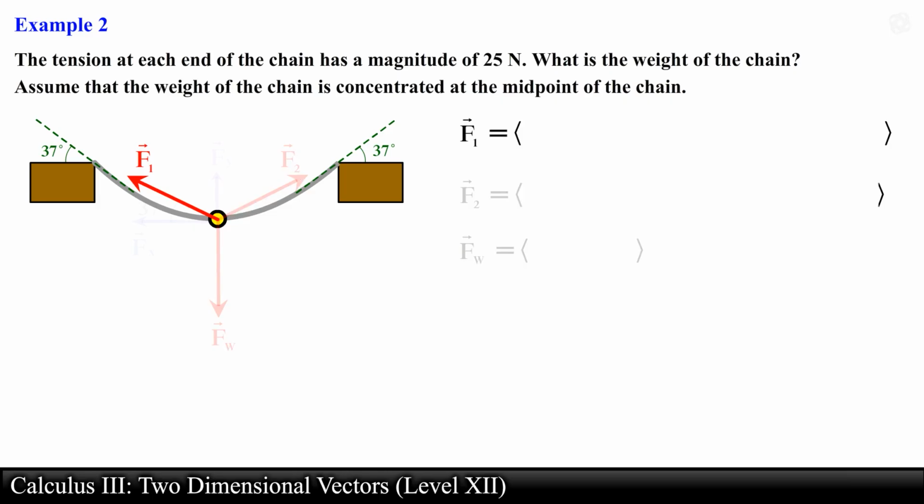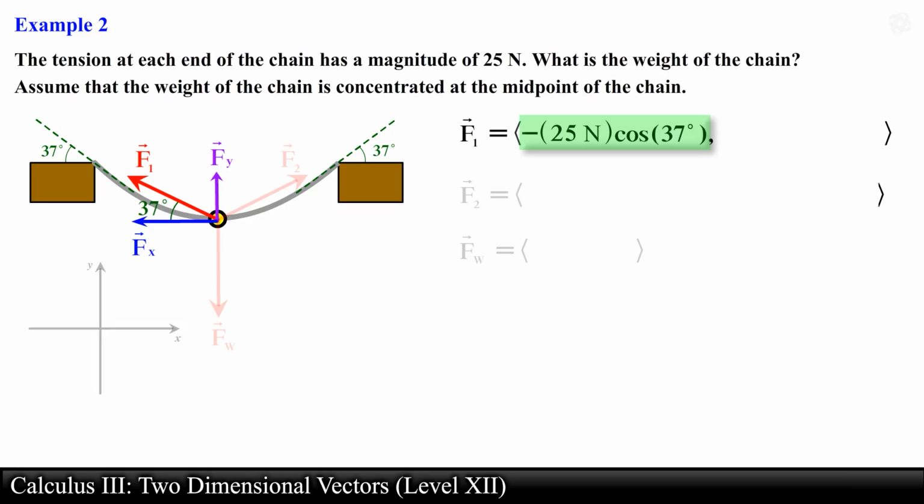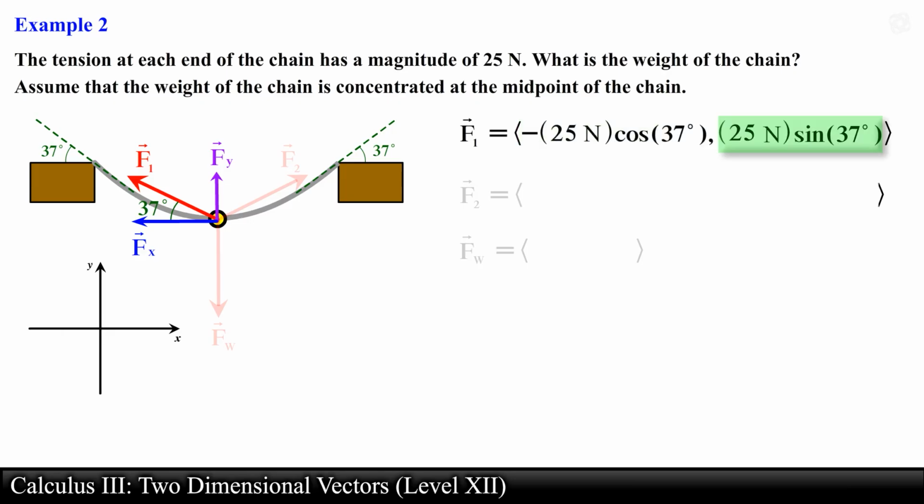Similar to the previous example, let's first find an expression for the components of all three forces. For the first tension force, the x component will be equal to the magnitude of the tension force, in this case 25 newtons, times cosine of 37 degrees, and this component will be negative since it is pointing in the direction of the negative x-axis. The y component, on the other hand, will be equal to 25 newtons times sine of 37 degrees, and it will be pointing towards the positive y-axis.